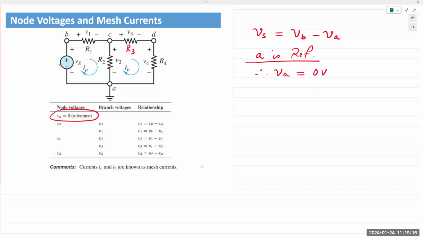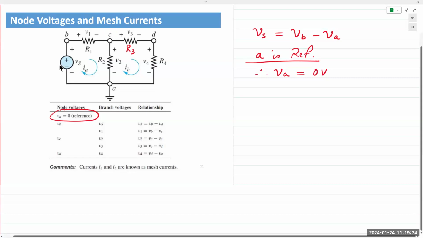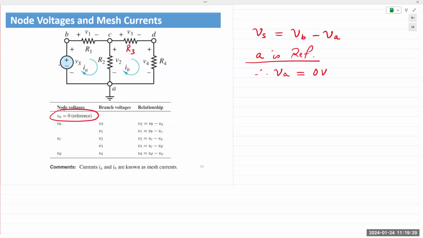So if I choose C as my reference node, I can write VB minus VA is equal to VS. If I choose A as my reference, as I've done here, I can automatically write voltage VB is equal to the supply voltage Vs. Does that make sense to everyone? And you can do this mathematically also. Since VA is equal to 0, if I plug in 0 volts in that equation, I get VB is equal to Vs.